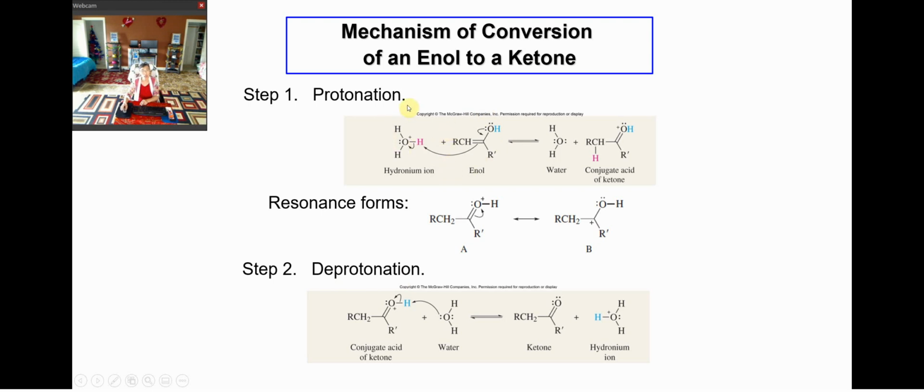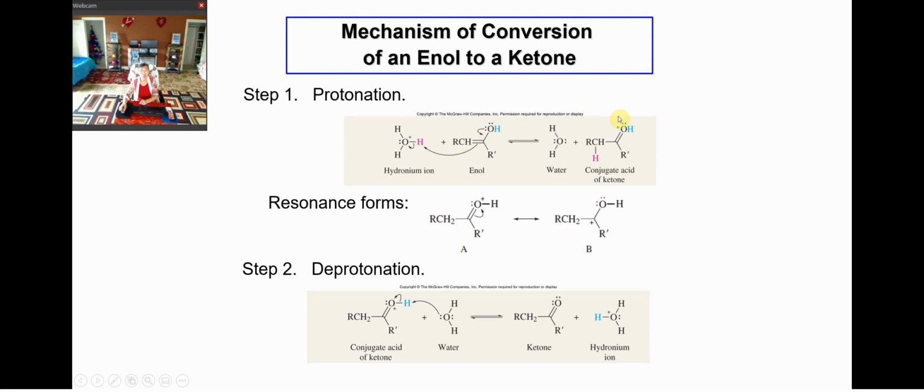Your enol has a double bond. The double bond is going to be attracted to the proton from your hydronium. So what happened? This hydronium becomes water, losing a proton. The proton is going to be bonded to, let me call this a beta carbon, bonded to this beta carbon.